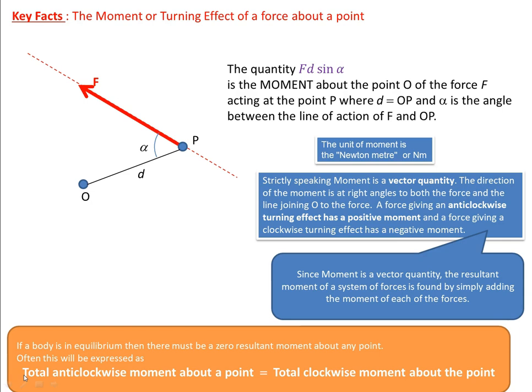If a body is in equilibrium, there must be no turning effect, so there must be zero resultant moment. And in most examples we will express this as saying that the total anti-clockwise moment must equal the total clockwise moment about a point.